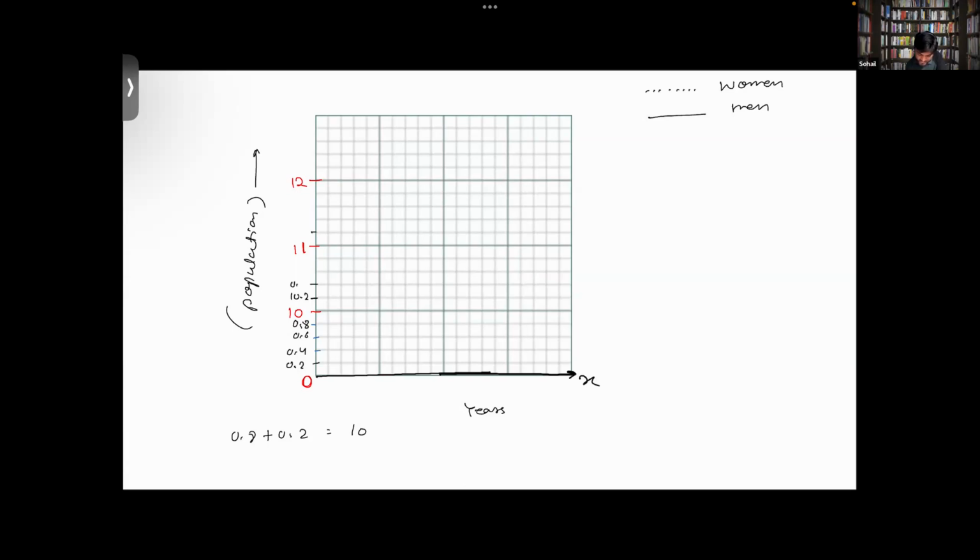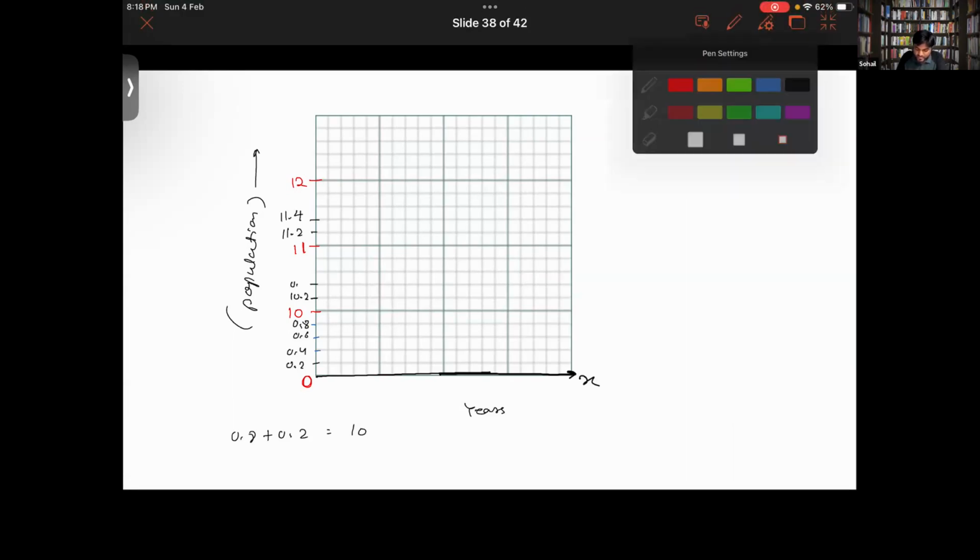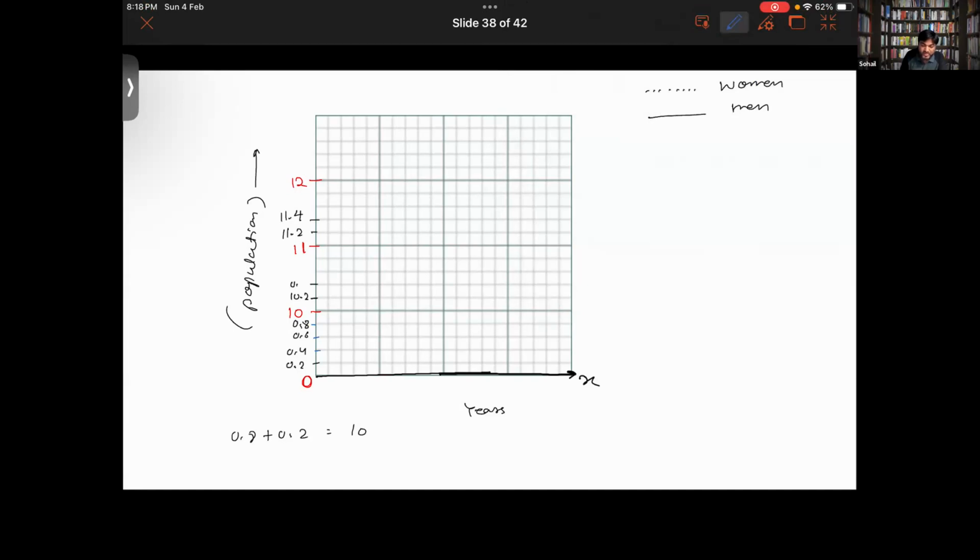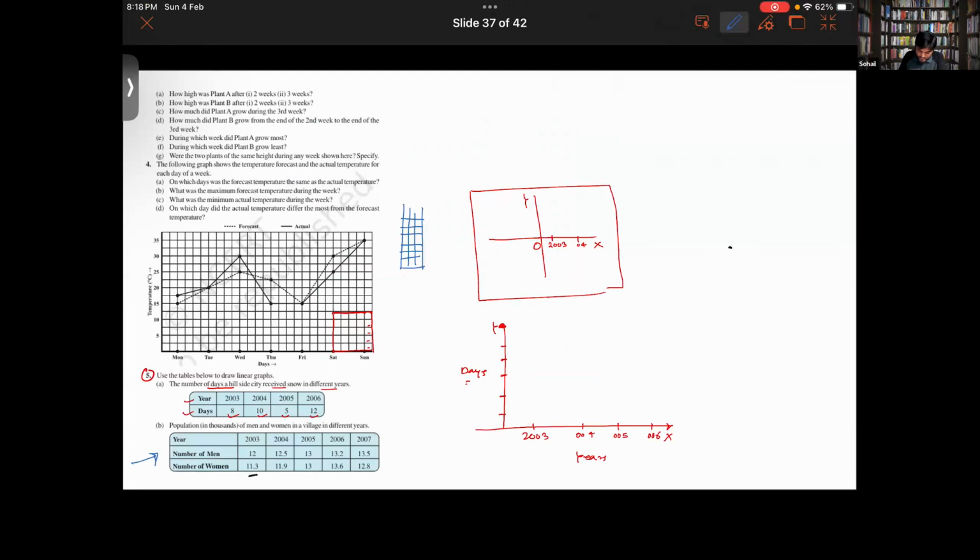This is 11.2 and this is 11.4, and the value given in the question is 11.3. So 11.3 will lie between 11.2 and 11.4, isn't it?